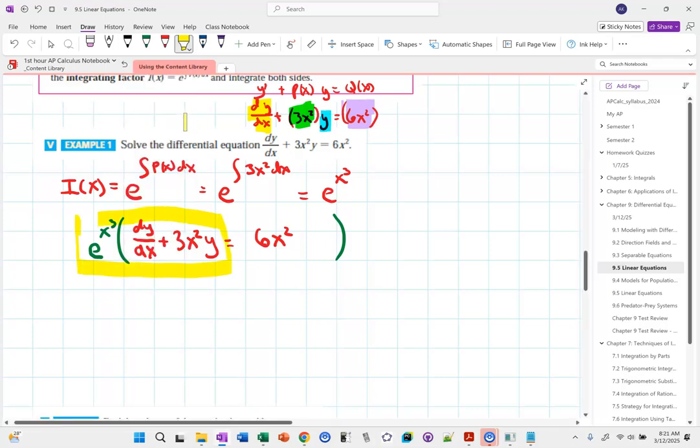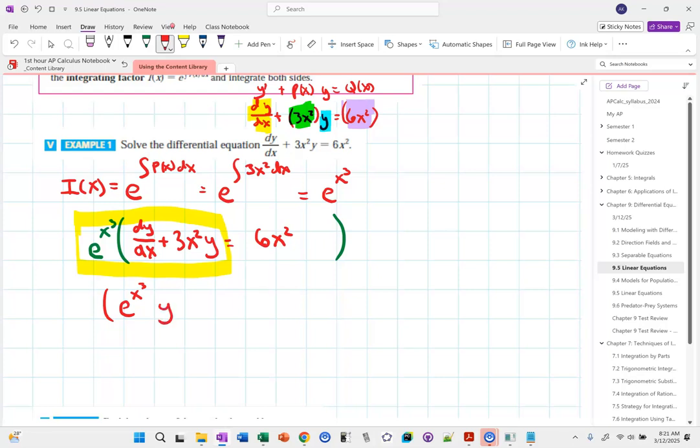By definition, the left-hand side is going to be just the derivative of e to the x cubed, aka I of x, times y.